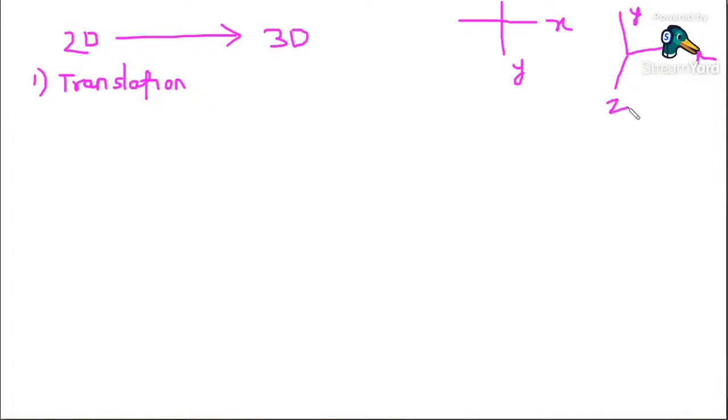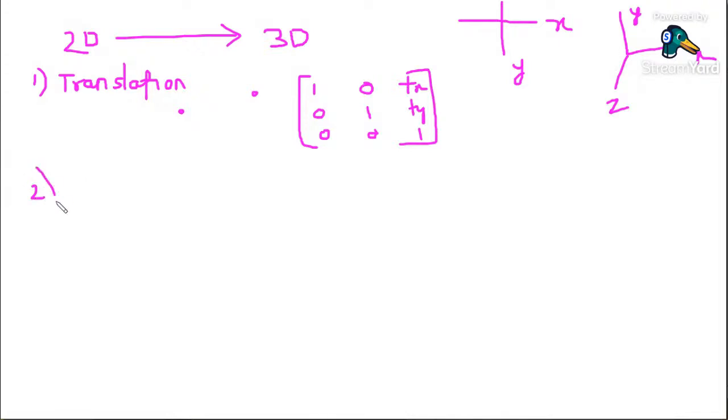In 2D, translation means shifting of an object from one position to another, and based on that we have a matrix, which we discussed earlier: 1 0 tx, 0 1 ty, 0 0 1. So this is the matrix for translation.